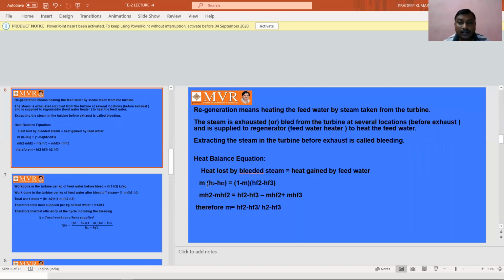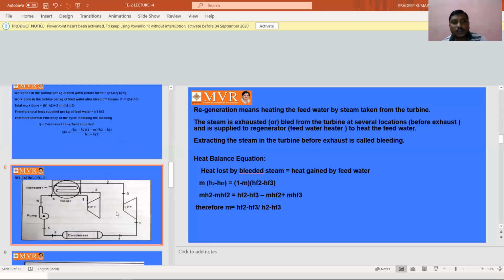Multiplying out, m H2 minus m HF2 equals HF2 minus HF3 minus m HF2 plus m HF3. Therefore, m equals (HF2 minus HF3) divided by (H2 minus HF3).